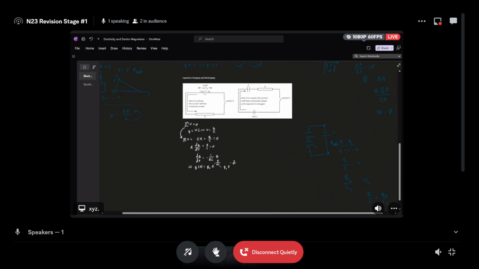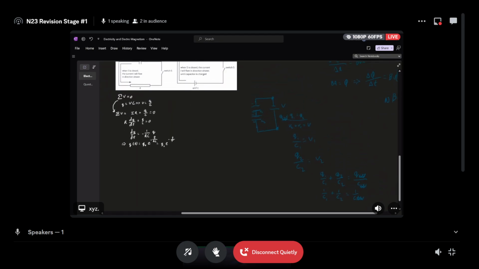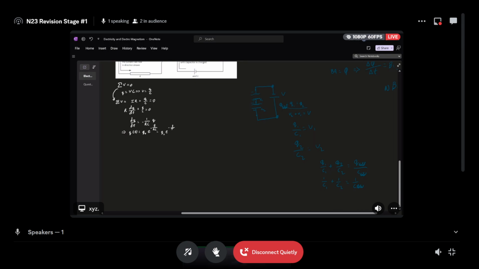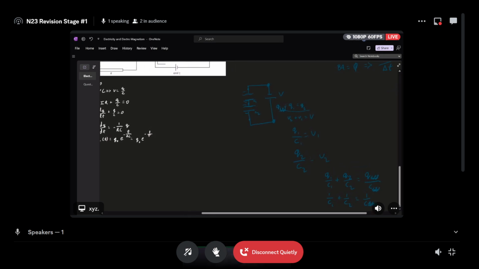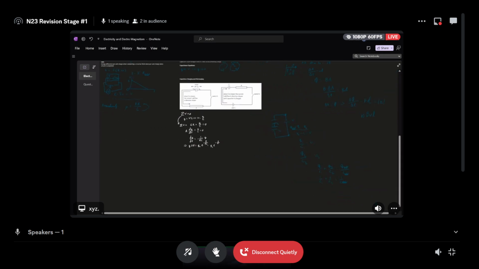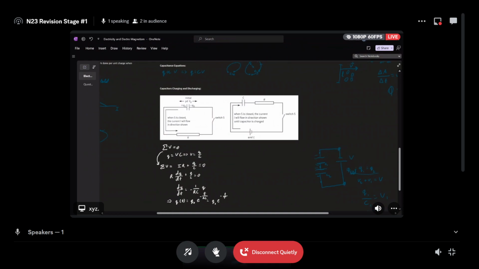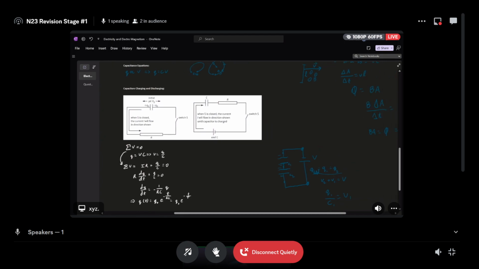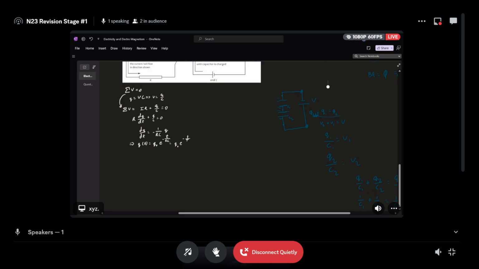Okay. And then you can imagine that in parallel, they just add like normally, because voltage is the same for each parallel branch in a circuit, whereas the total charge is a sum at that point, because you have the charge from the first branch, the charge from the second branch, and so on.